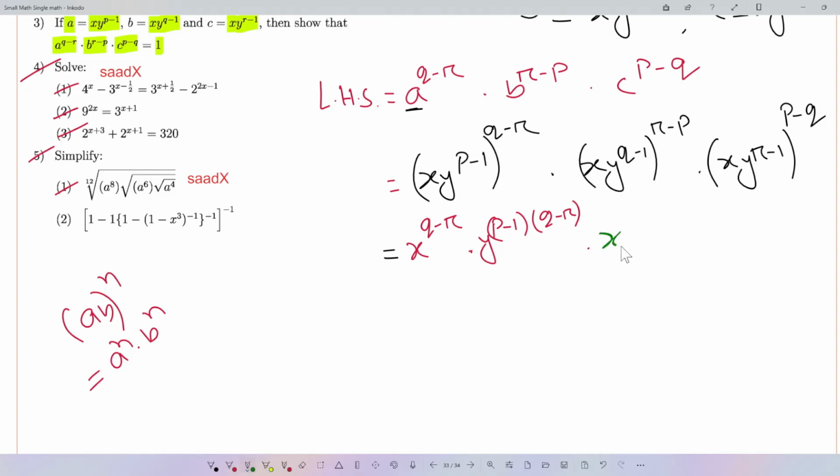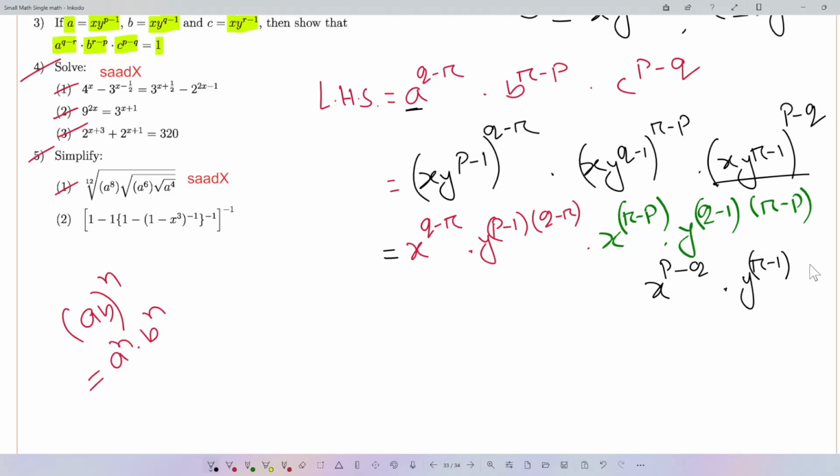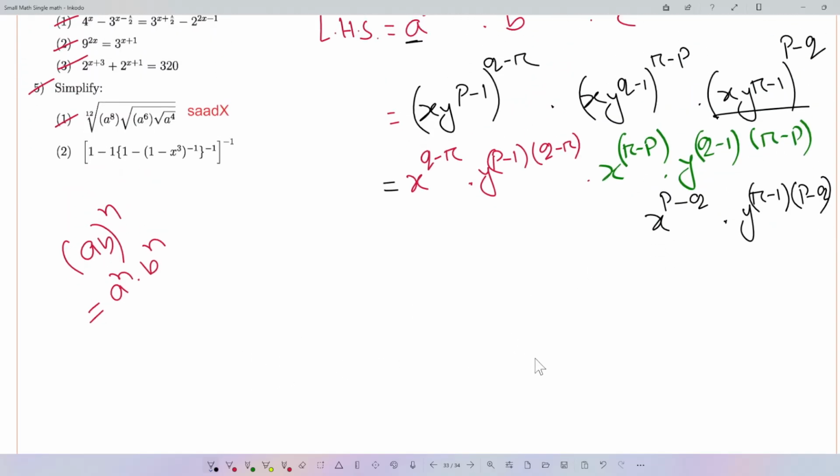Next again x to the power r minus p and here y to the power q minus 1 times r minus p. Okay, and finally this one here is x to the power p minus q times y to the power r minus 1 times p minus q. Okay, now we will one by one segregate.